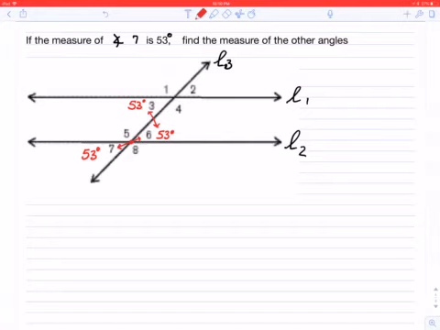Angle 3 and angle 2 are opposite to each other, sharing only a common vertex. So angle 3 and angle 2 are vertical angles. Vertical angles are equal. So if angle 3 is 53 degrees, angle 2 will be 53 degrees.